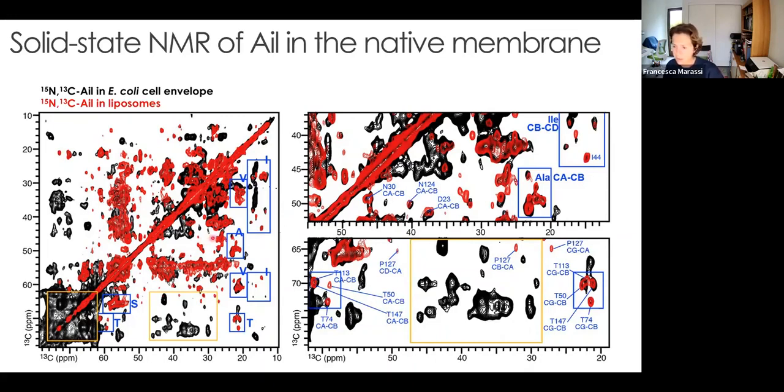And also in gold, we can identify some non-protein bacterial cell envelope components, which are interesting for probing the system from the perspective of the membrane environment.